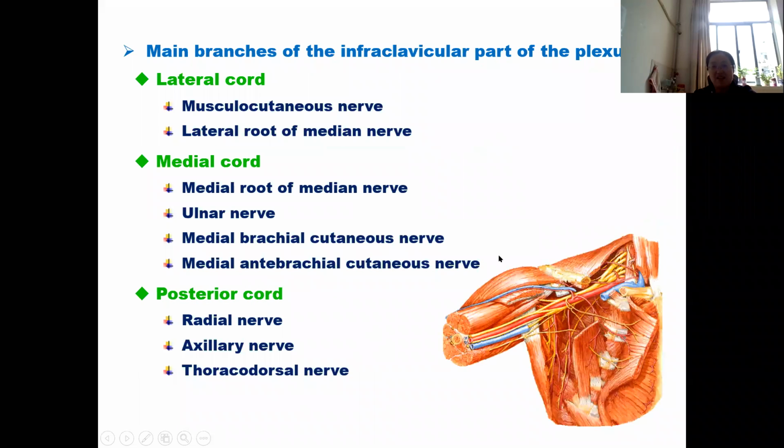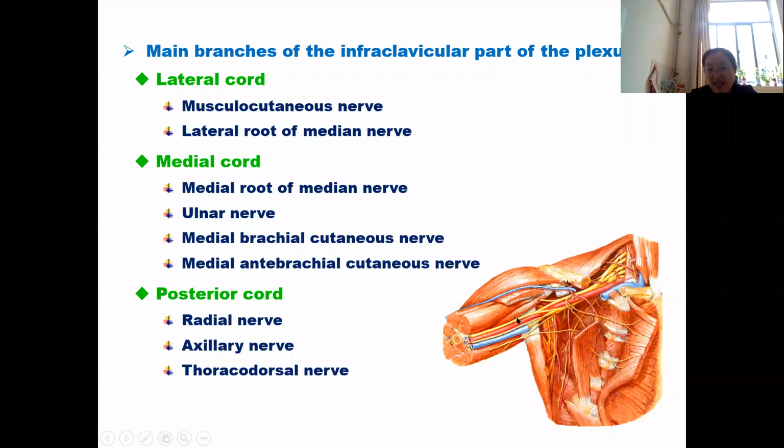And the other main branches come from the part of these 3 cords just below the clavicle bone, which we call the infraclavicular part. We ask you to know the median nerve, which is contributed by the lateral cord and the medial cord of the brachial plexus.